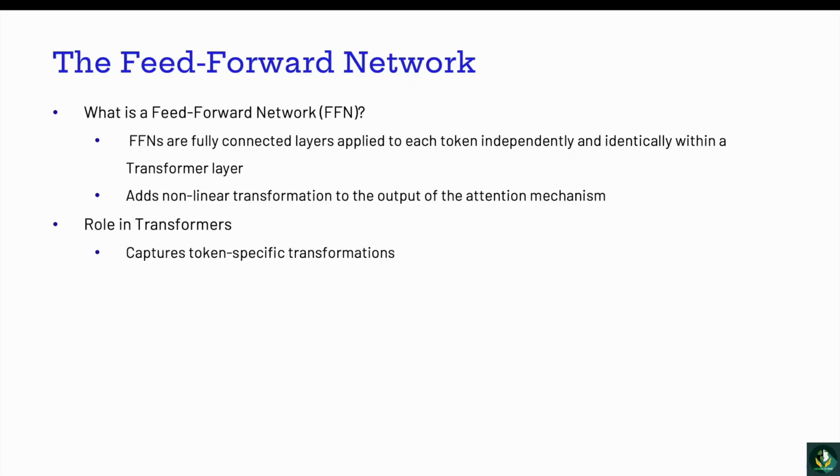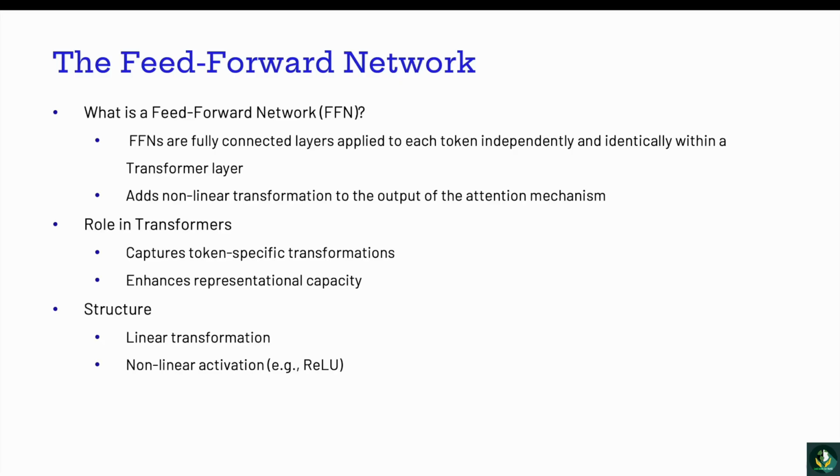It captures token specific transformations and enhances representational capacity. Let's talk about the structure. We have first the linear transformation, then we have non-linear activation, which is ReLU, and another linear transformation. So FFN(x) equal to ReLU(xW1 + b1)W2 + b2.